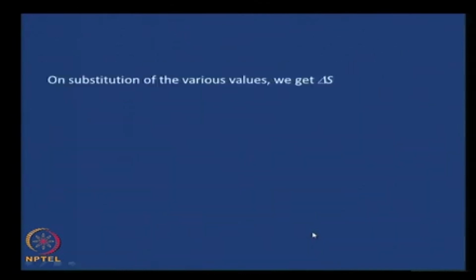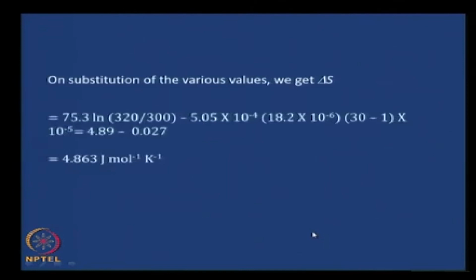Substituting the values, now you know the values, we get 75.3 into ln of T2 320, T1 300 minus 5.05 into 10 power minus 4 into, this is alpha, this is molar volume V 18.2 into 10 power minus 6, and this is 30 minus 1 conversion into the proper system of units, we multiply by 10 power minus 5 and 4.89 minus 0.027.